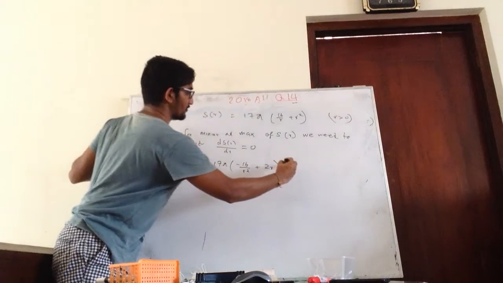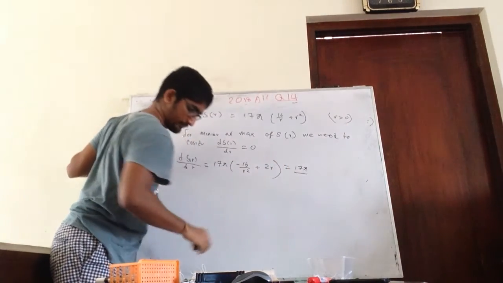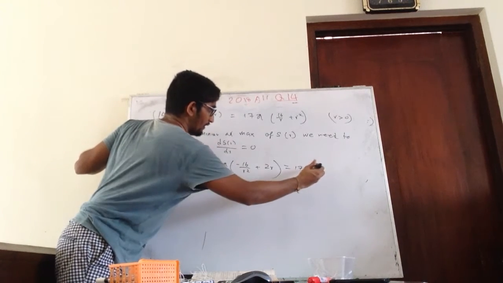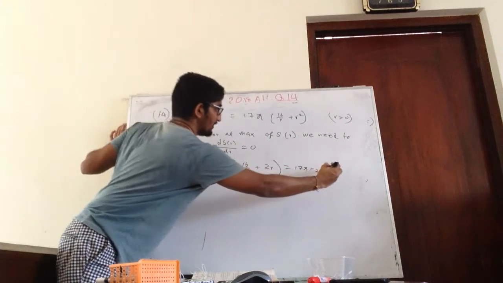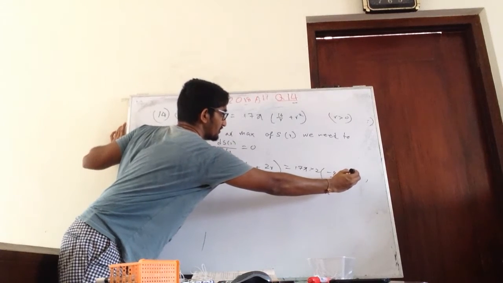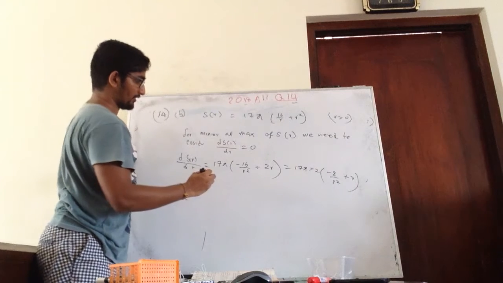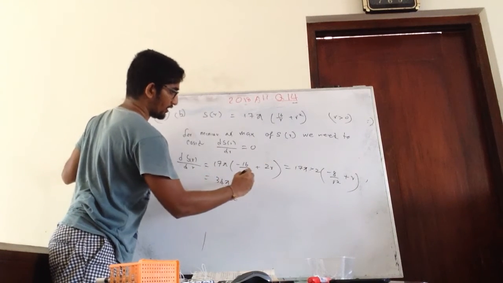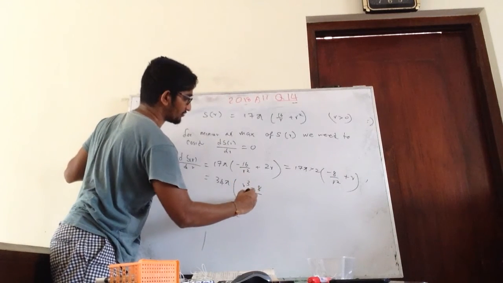So then what I'm going to do is I'm going to take 17 pi here. Then I can take 2 out as well. Then I will get minus 8 over r square plus r. Then I will get 34 pi over r squared times (r cube minus 8).